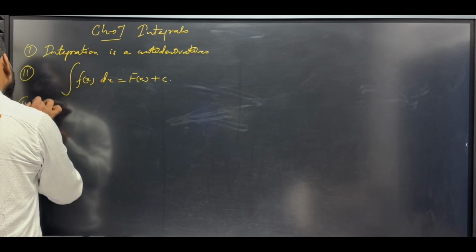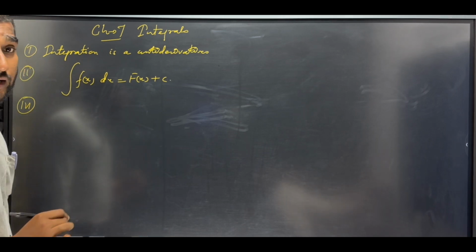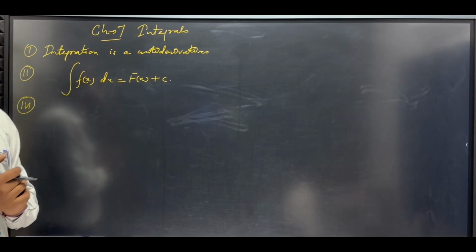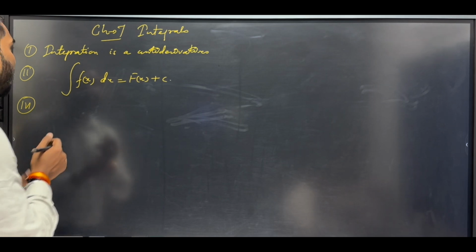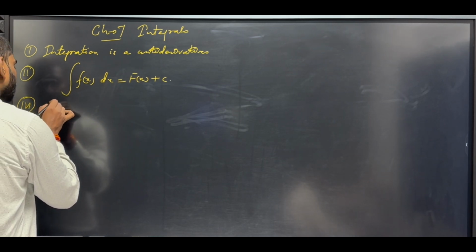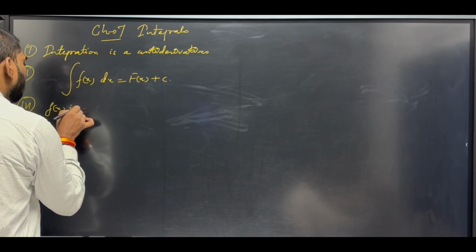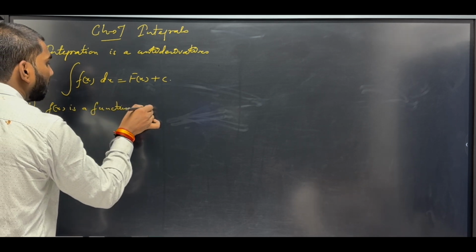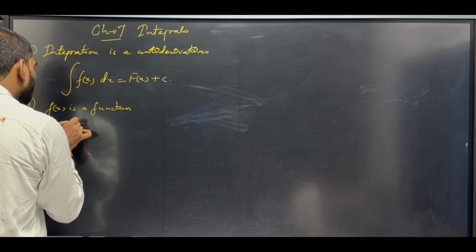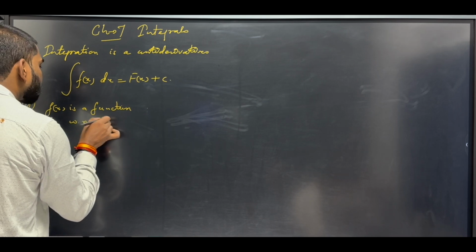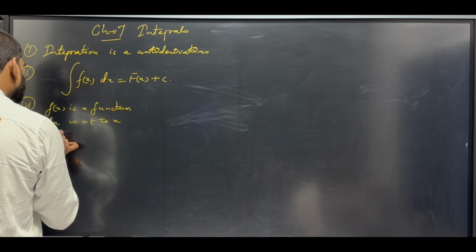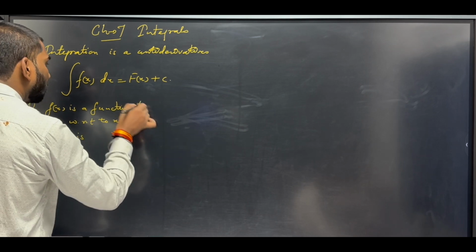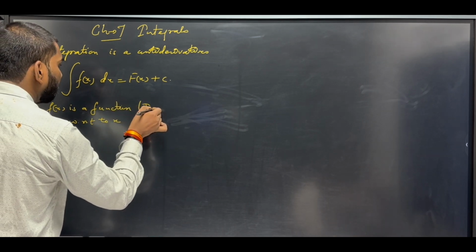Third one, what are the things which are used over there? Integration is the part of the anti-derivatives, and then fx is a function, dx with respect to x. fx is integrand, and we can also say integrands.